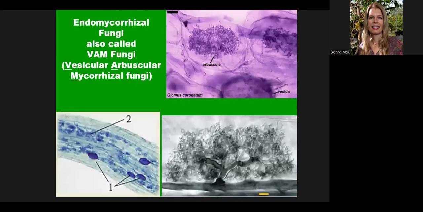So let's contrast that now with the endomycorrhizal fungi, also called vesicular arbuscular mycorrhizal fungi, or just arbuscular mycorrhizal fungi, several names. I tend to say endo for this purpose.